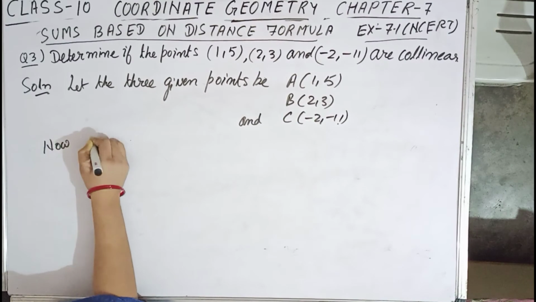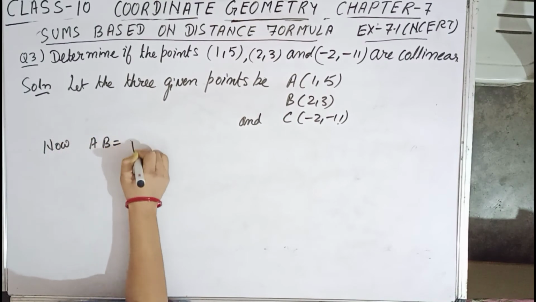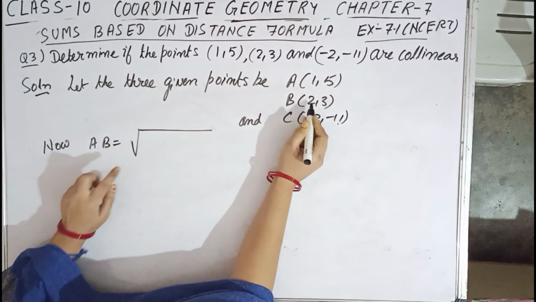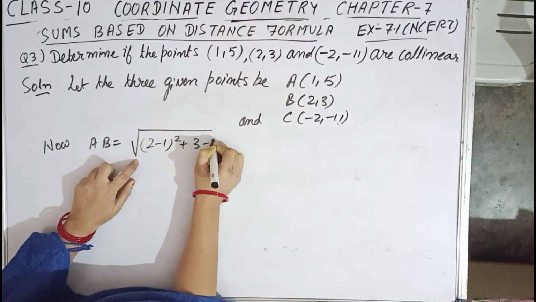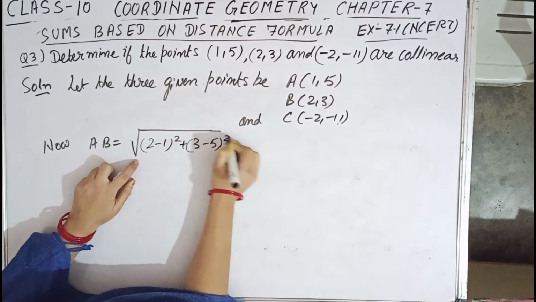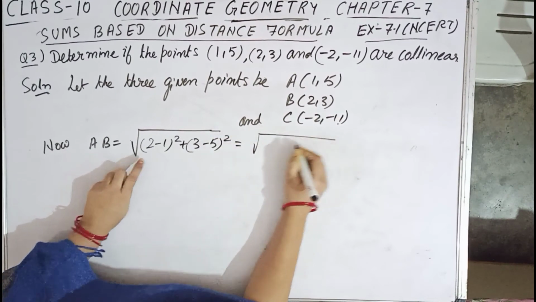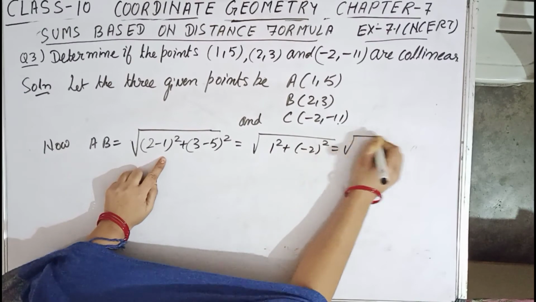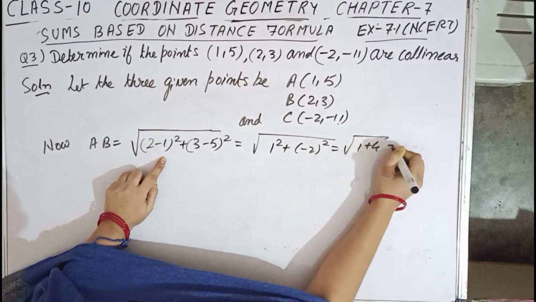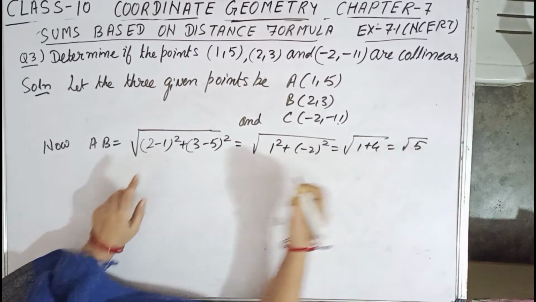Now AB equals the square root of (x2 minus x1) square plus (y2 minus y1) square, equals 1 square plus (-2) square, equals 1 plus 4, equals the square root of 5.